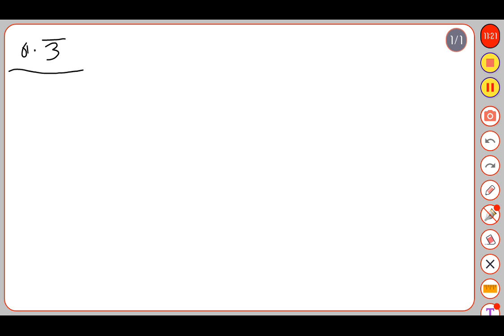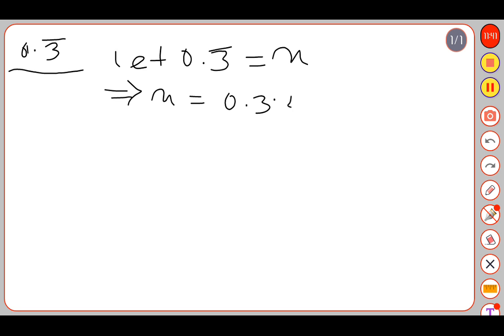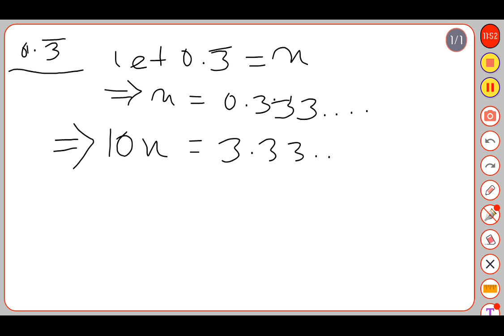So let 0.3 bar equal x. Now we can write that x equals 0.333 dot dot dot. So if we multiply 10 on both sides, then 10x equals 3.33 dot dot dot.